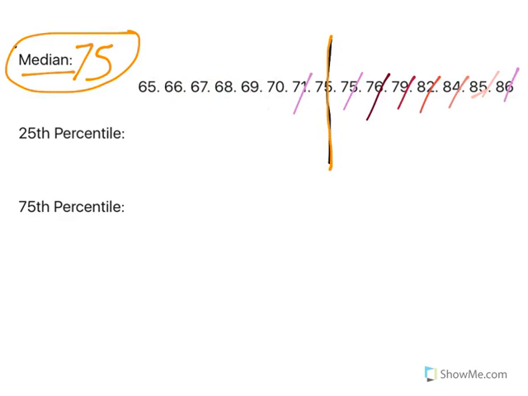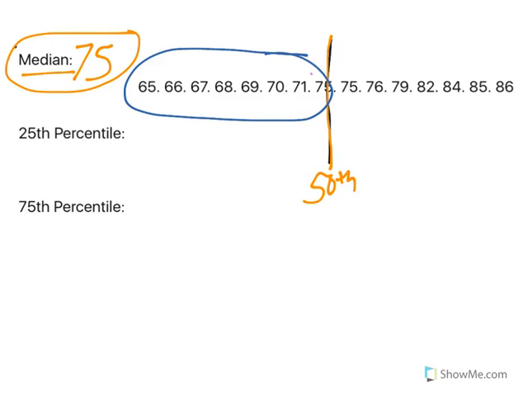So we're going to use this same list of numbers to find the 25th and the 75th percentile. If you think about percentiles, remember, percentile is out of 100. And if we're talking about the median's in the middle, that is really the 50th percentile, because it's the number directly in the middle. Well, the 25th percentile, 25 is half of 50. So to find the 25th percentile, you're looking at the median of this front half of numbers.